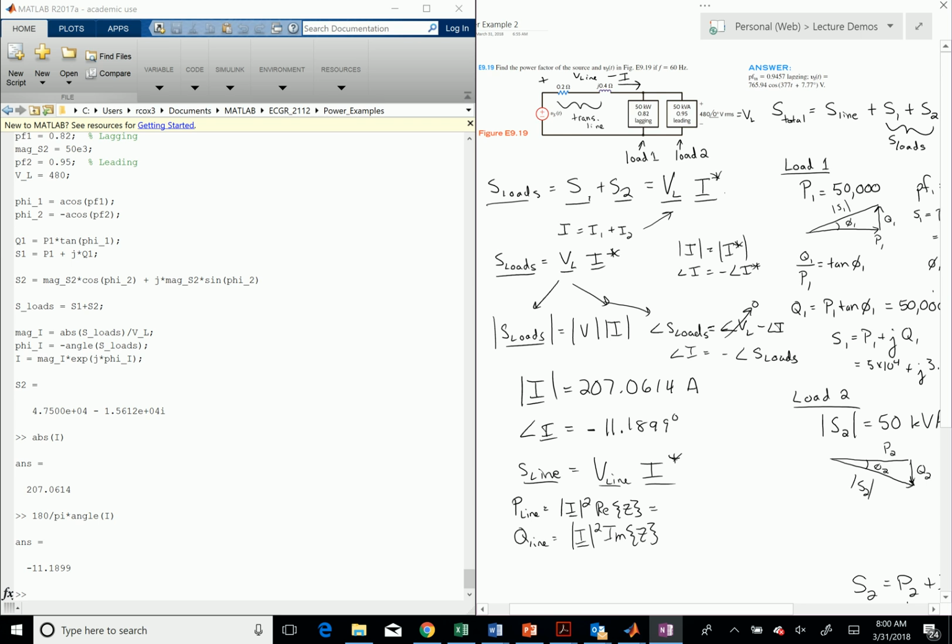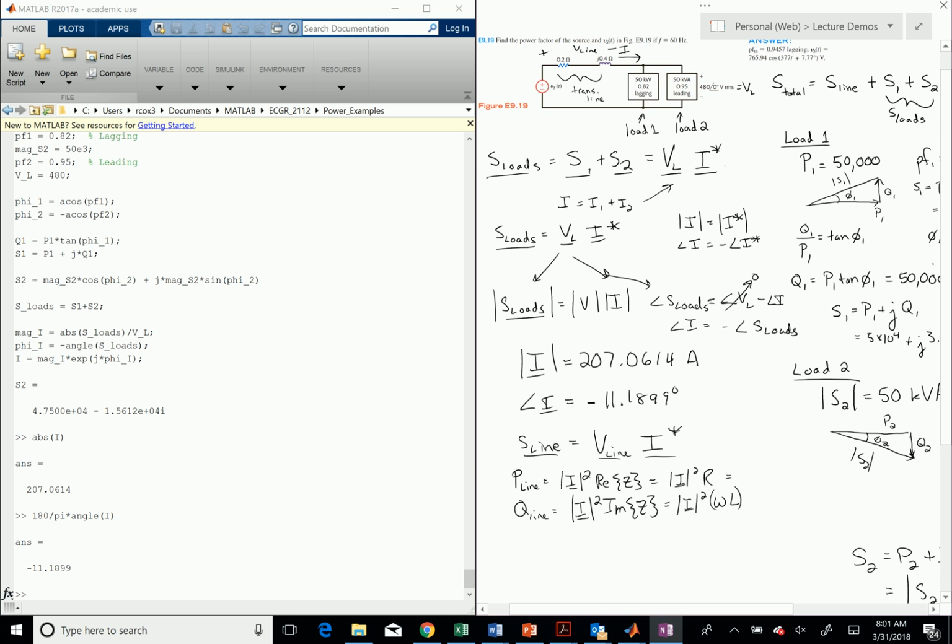Now, the real part of the impedance always is R. The imaginary part of the impedance is always, in this case, omega L, or the reactive part of the impedance. All right, so this just works out to be I squared times, in this case, 0.2, and I squared, in this case, 0.4.